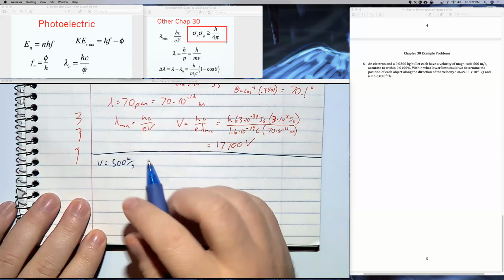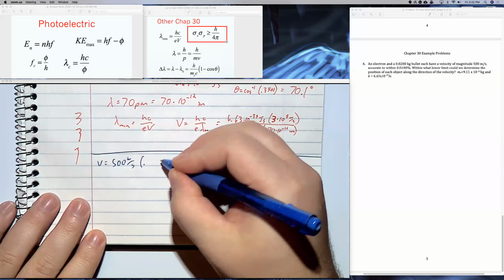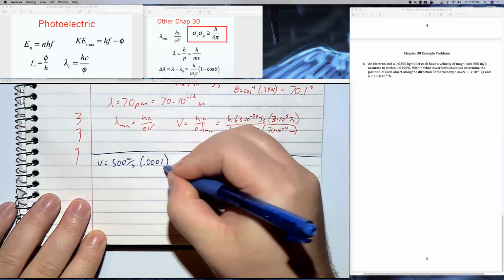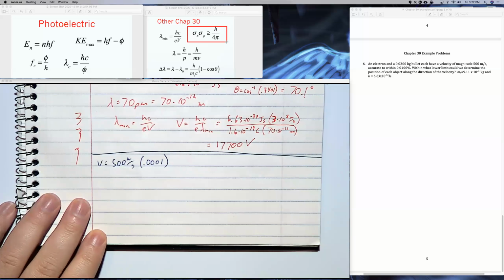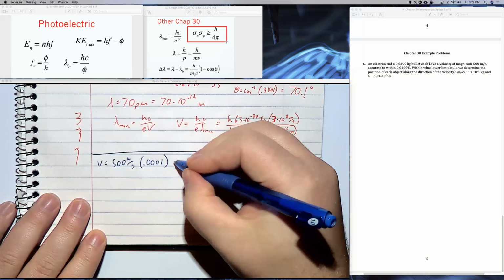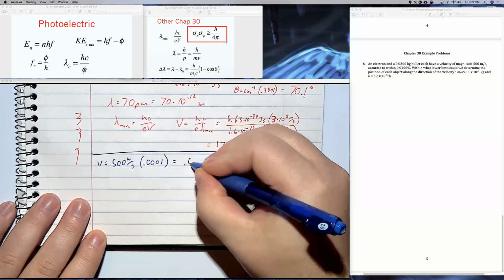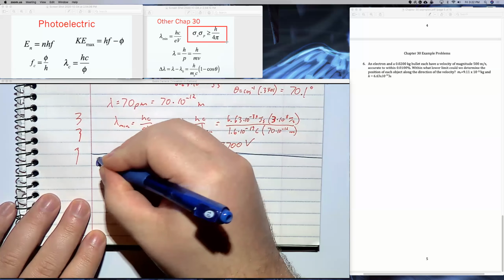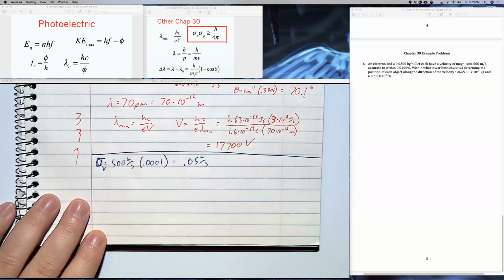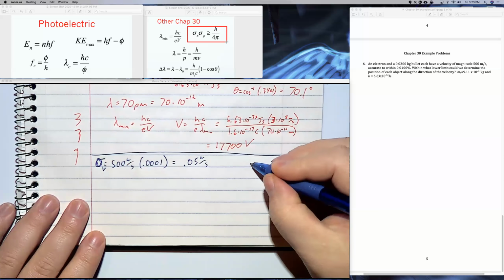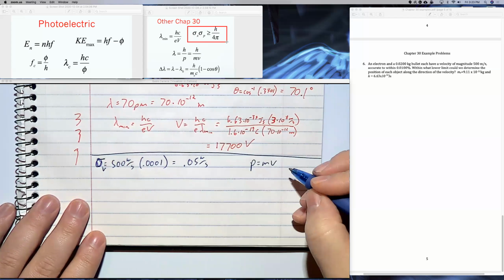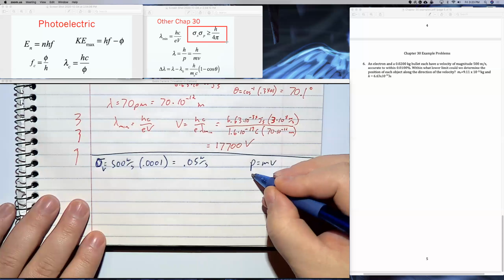To get the uncertainty, I'm just going to take this 500 meters per second and multiply by 0.01%, or 0.0001, converting my percentage to decimal. That means it's 500 meters per second with an uncertainty of 0.05 meters per second. But that's not V, that's sigma V. Now the equation is sigma P, but we know P equals mv. If your mass is not in question, which it usually isn't for such things, I can say sigma P equals m sigma V.